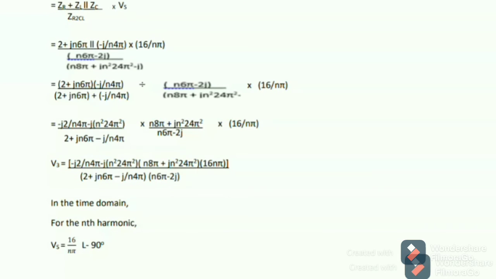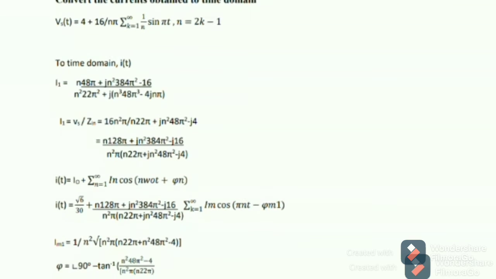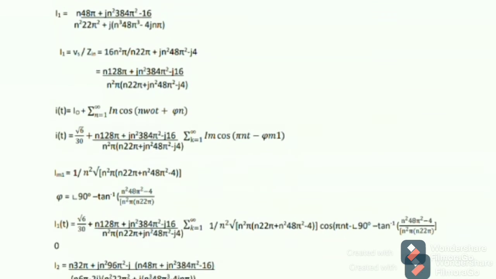In the time domain for the n harmonic, we know Vs equals 16 over n pi angle negative 16 degree. So next, we need to convert the current obtained to the time domain. From the current obtained above, we replace into the basic equation to convert.